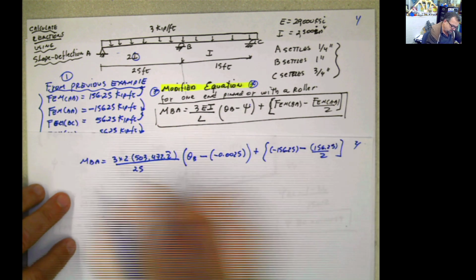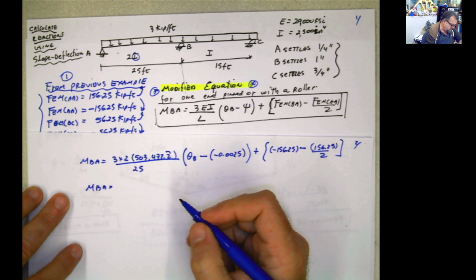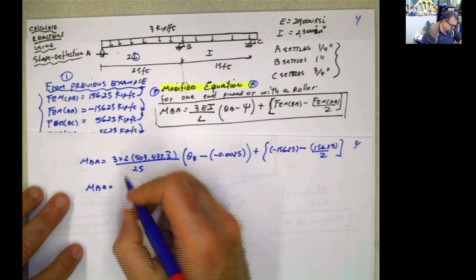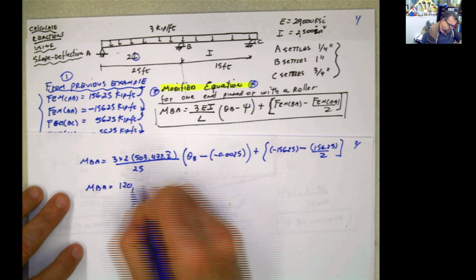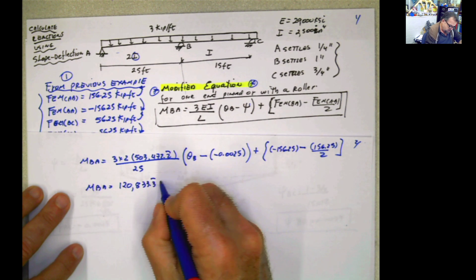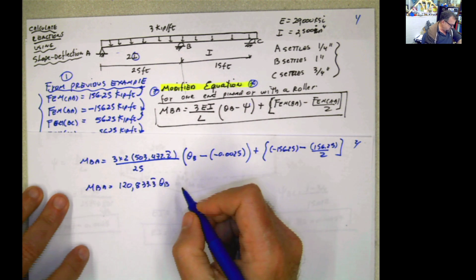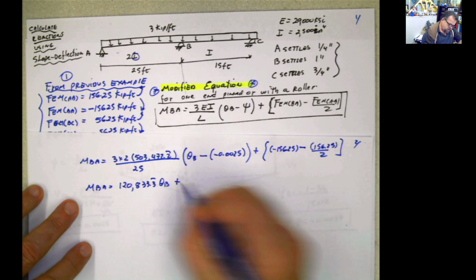That's basically it. So my moment BA, at least the equation for the moment BA, is going to be 120,833.3 rotation at B plus 67.71.